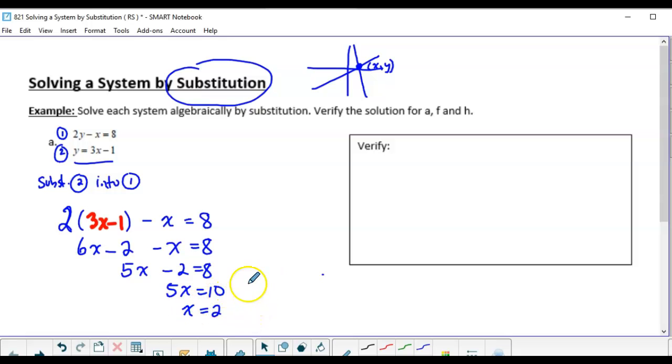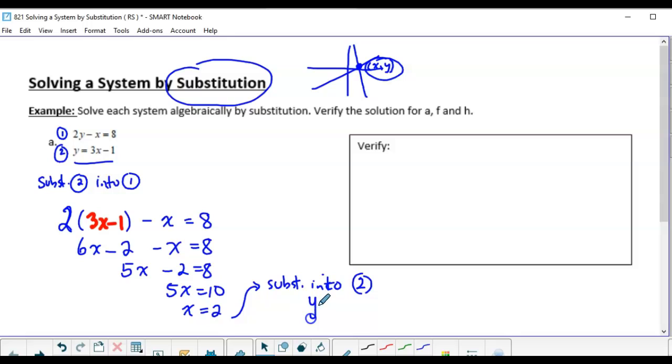You might think, oh, I'm done. But remember, it's a point, right? A solution to a system has an x value and a y value. So now we're going to substitute x equals 2 into one of the two equations. I'm going to put it into the second equation.